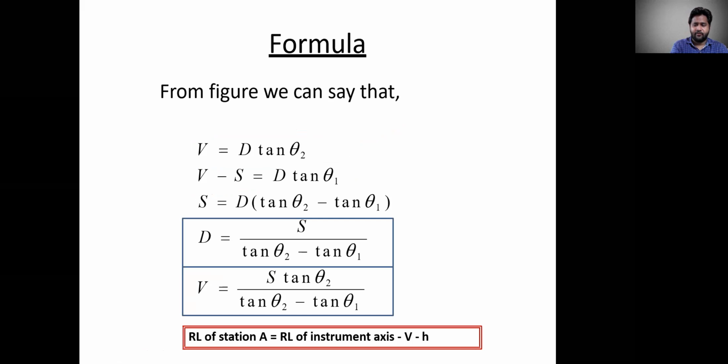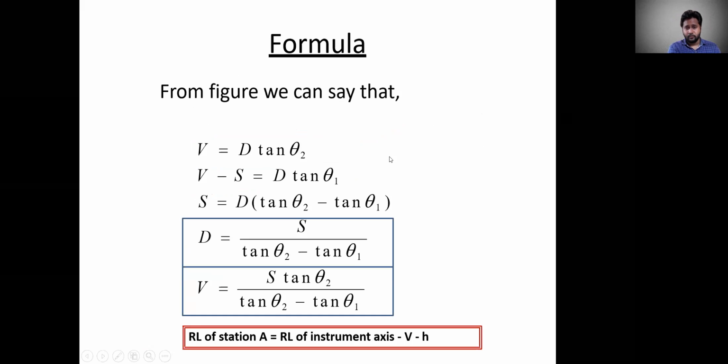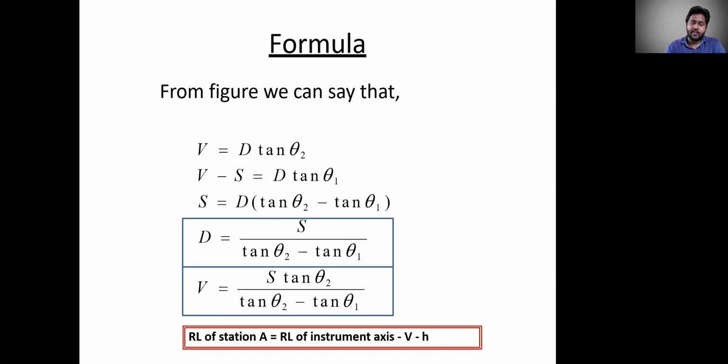In case of V, we are taking V minus S. So this is my V, and V minus S is this distance. V minus S equals D tan theta 1. So here S equals D tan theta 2 minus tan theta 1, because V equals D tan theta 2. If you substitute D tan theta 2 in place of V, then D will be common. Therefore S equals D (tan theta 2 minus tan theta 1) will be your S value.